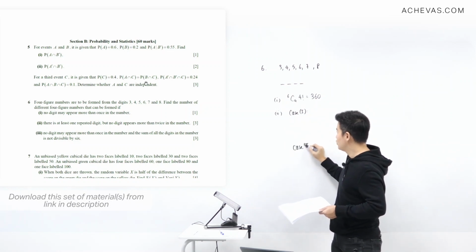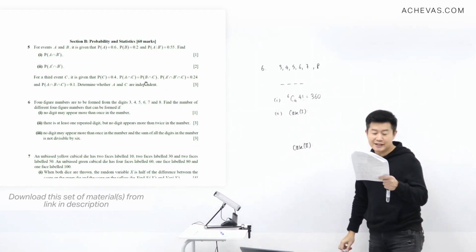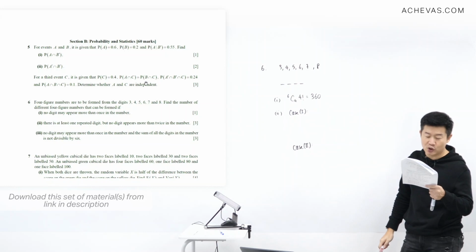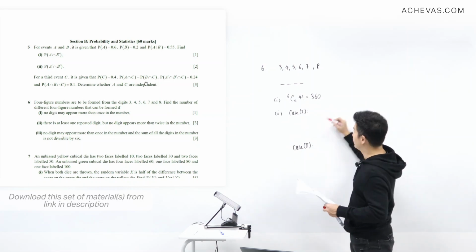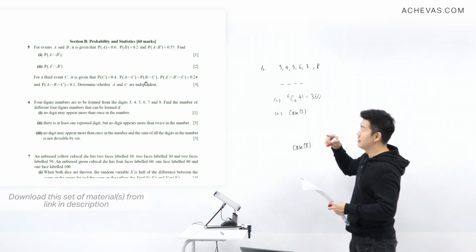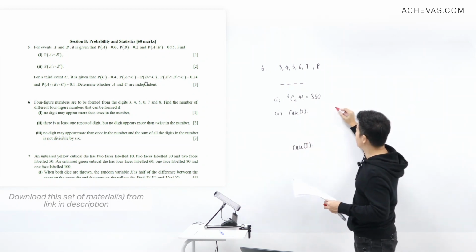Okay, I can think of these 2 possible cases where there is at least one repeated digit, but no digit appears more than twice in a number. So let me give you an example for case 1. Let's say the number that I've chosen that is repeating more than 1 time, but not more than 2 times, is the number 3.